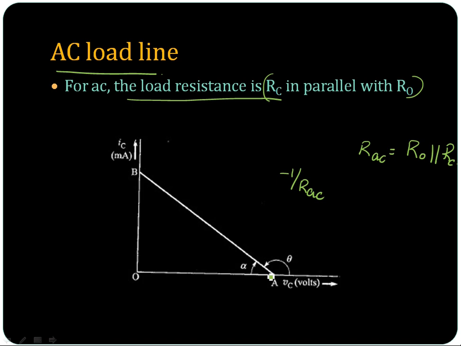How can you find this angle? Tan alpha is equal to 1 by RAC, and that is equal to OB by OA. I will explain this for an example circuit, and we can draw the AC load line along with the DC load line and analyze the performance of the amplifier circuit.